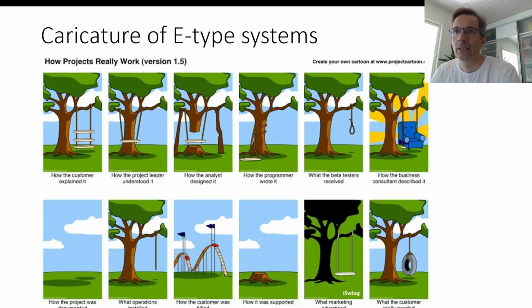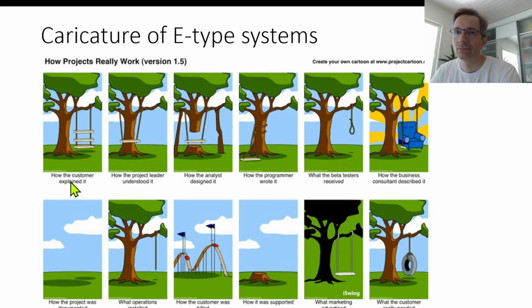And we can use this caricature for E-type systems. This is originally for software projects, but this works quite well as an illustration of E-type systems. So on the top left, where you can see my mouse, is how the customer explained it. So they wanted this type of swing with 3 ladders.